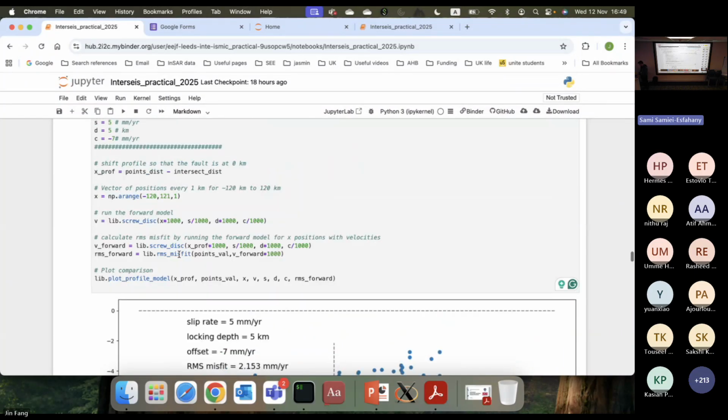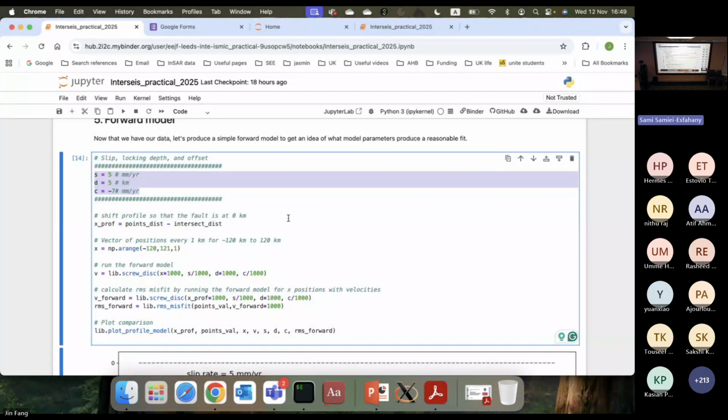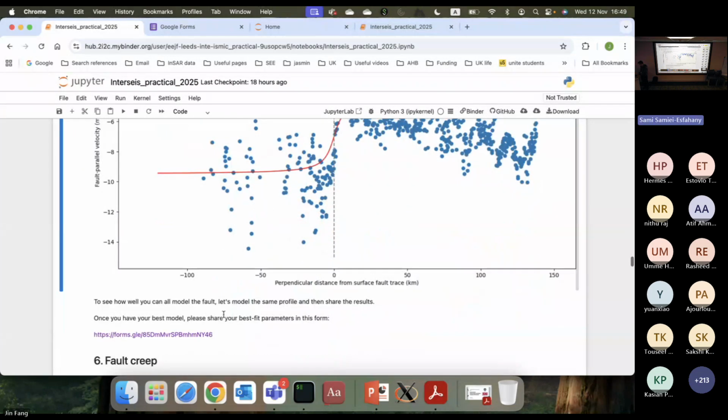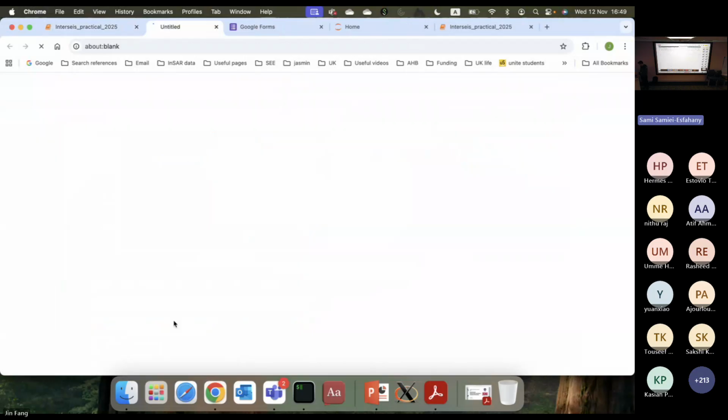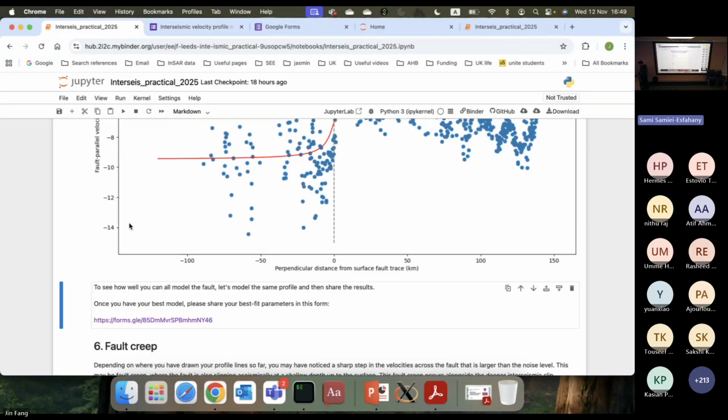So have a go at tweaking these parameters until you get a model that fits well. And once you're happy with your results, let me know your best answer by filling out this form.